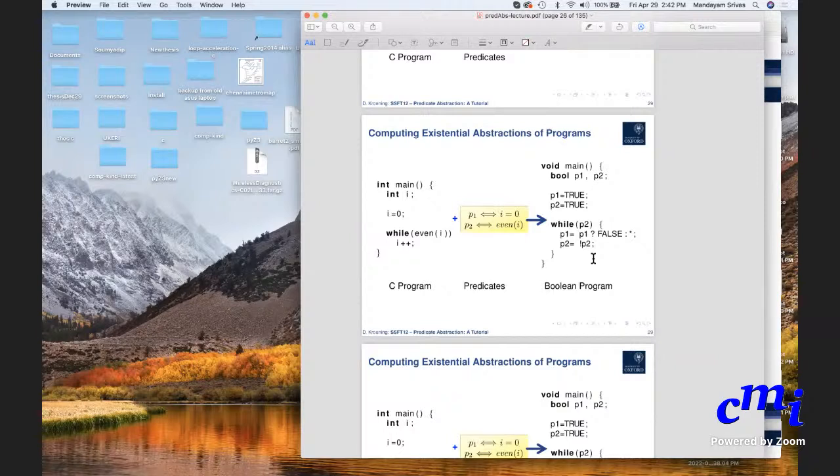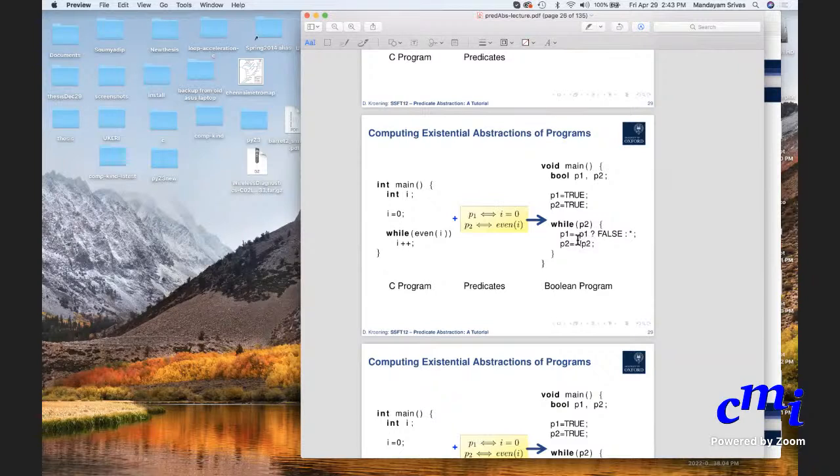This itself will have to be done by constructing the transition relation piecemeal for each of these things, that is, the abstract version of the transition relation. I will show you how you could do that by using SAT solvers.